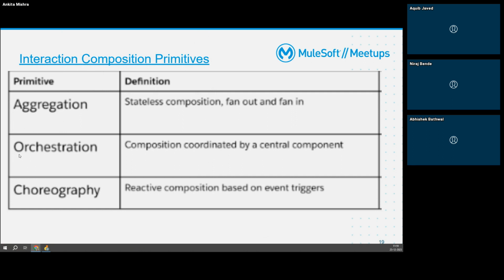Okay, next is orchestration. Again, it's a very good tip: if you are coming from a non-technical background and you are not able to understand these terminologies, just try to go with their basic English meanings. What is orchestration? In orchestration, the composition is coordinated by a central component.